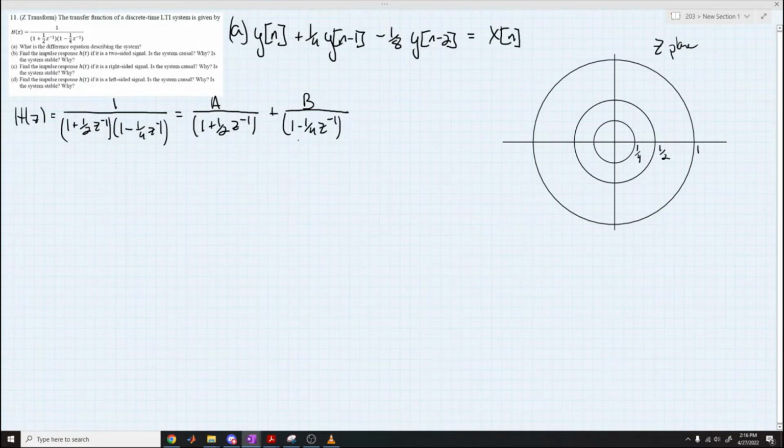And you could do this the partial fraction expansion way, or you could do it using what's called the method of residues. And I'll do that rather quickly to expose anybody that hasn't been exposed.